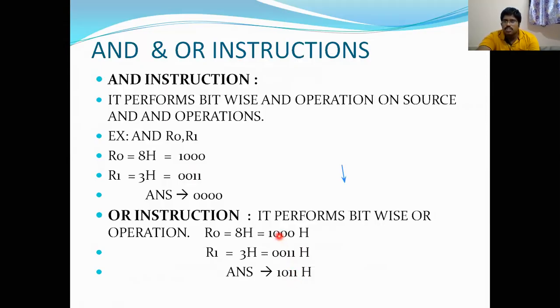Here both inputs are zeros, so the output is 0. Here one input is 1 and the other is 0, so as one of the inputs is 1, the output becomes 1. So 1 0 1 1 means as per 8 4 2 1, it is 8 plus 2 plus 1, that means 11. So it is not hexadecimal. I have written H by mistake. Here there won't be any H's, it is a binary form. It is my mistake. So the answer is 1 0 1 1, that means 8 plus 2 plus 1, that means 11. 11 can be represented with B because the value of A is 10 and B is 11.